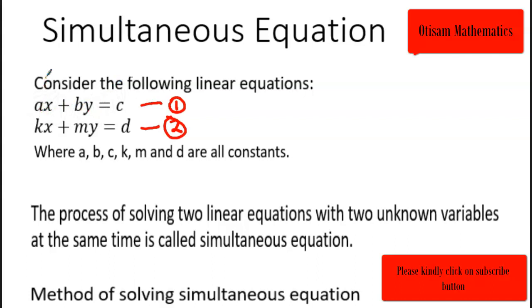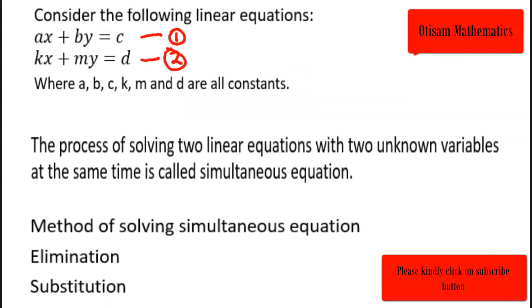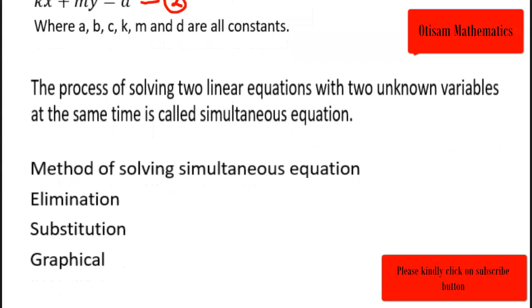Now, we have 2 unknown variables and 2 linear equations. How do we solve this? The process of solving 2 linear equations with 2 unknown variables at the same time is what is called simultaneous equation. There are a number of ways of solving simultaneous equation.